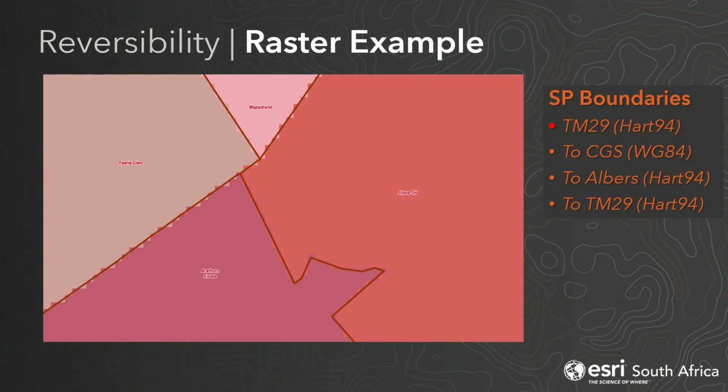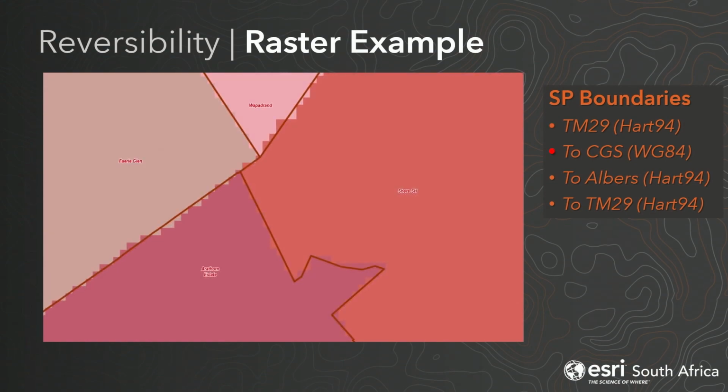Let us move that one projection now to a geographic coordinate system. And here you can see that slowly the line in the top section has started to move away, because in that reprojection process, in the resampling of the raster, there's a slight difference.